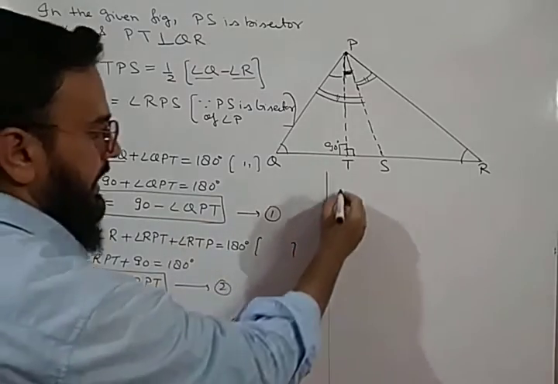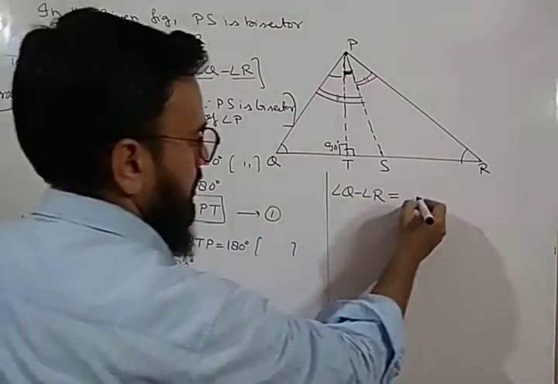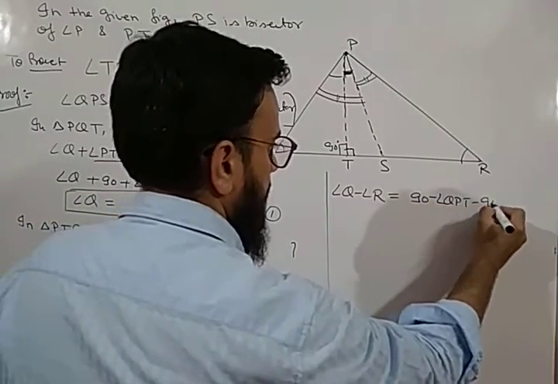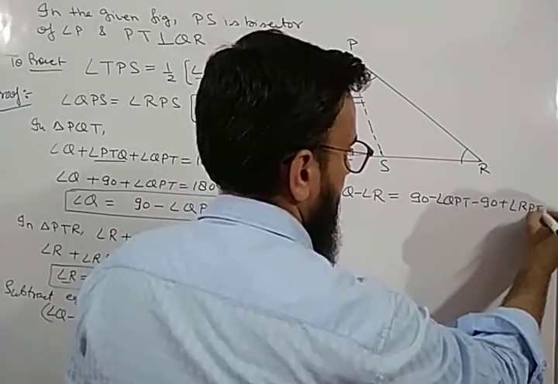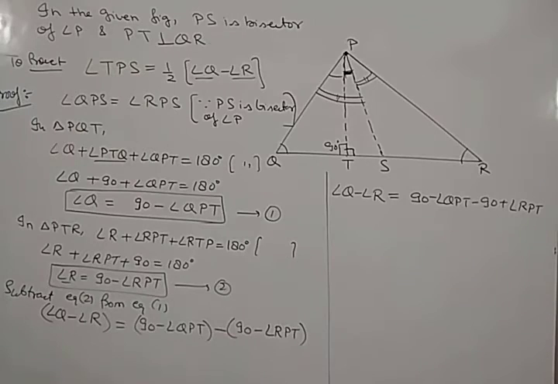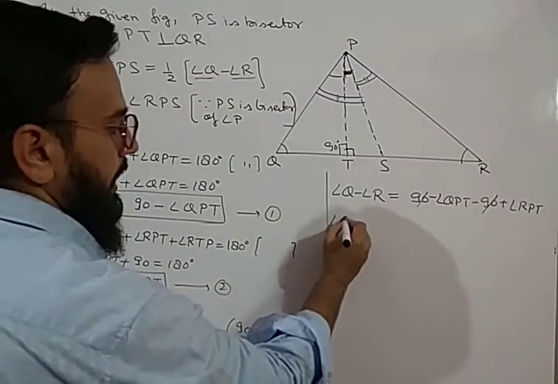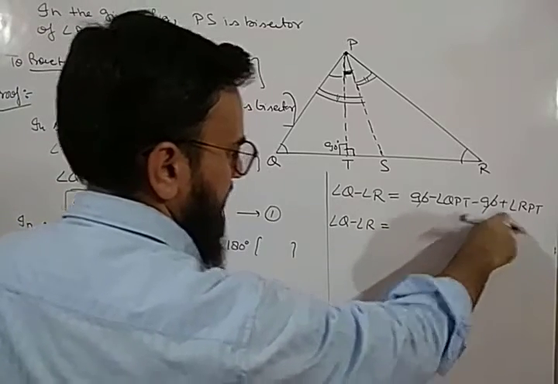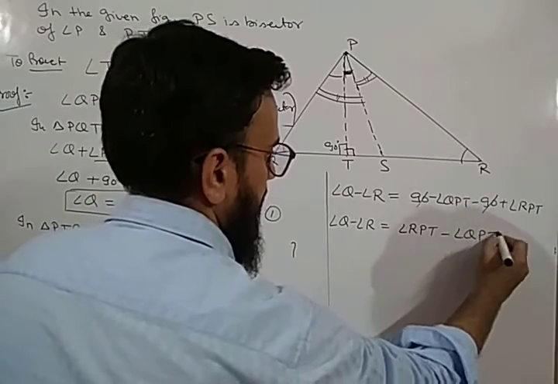In the left hand side it is angle Q minus angle R, and in the right hand side it is 90 minus angle QPT minus 90 plus angle RPT. Okay. So we get the value of angle Q minus angle R. This 90 and 90 will be cancelled out. So we will get angle Q minus angle R is equal to, first use the positive sign term, angle RPT minus angle QPT.